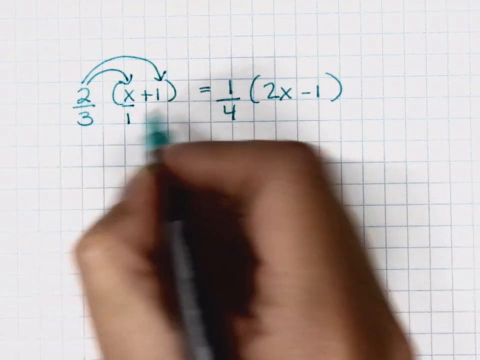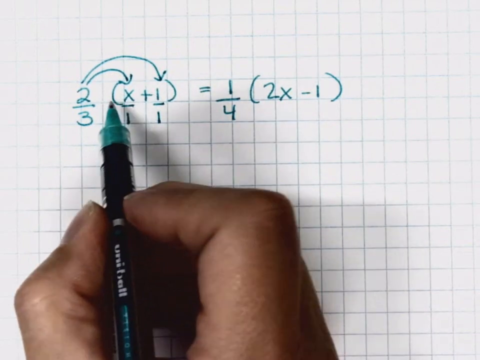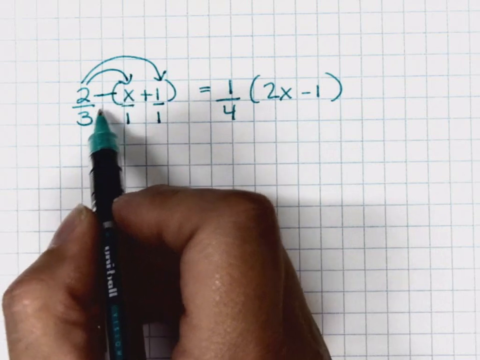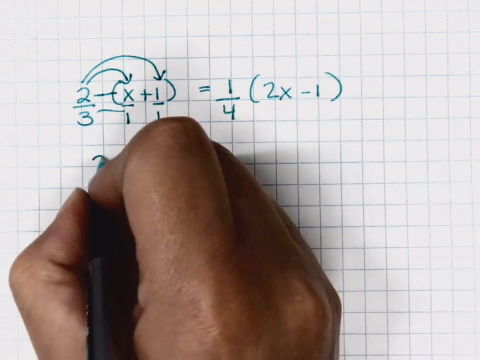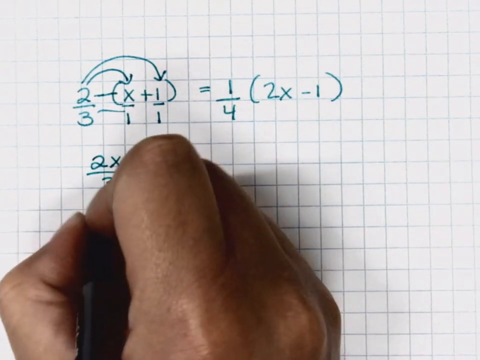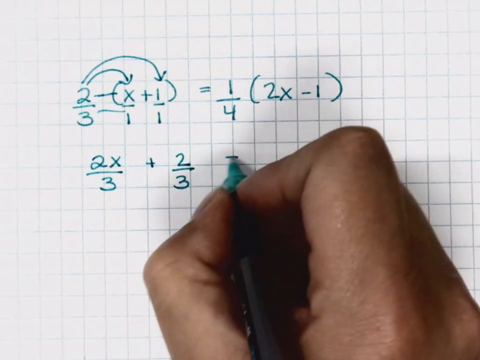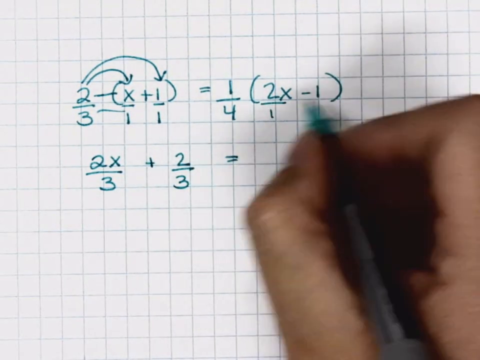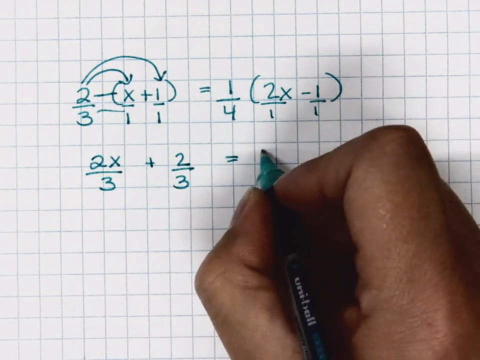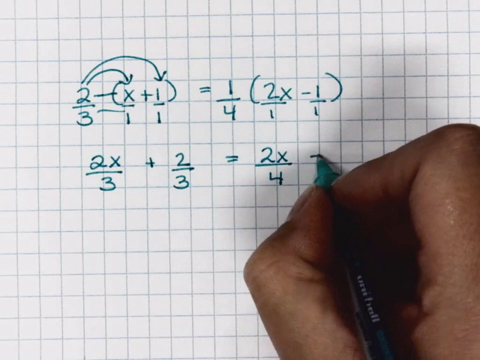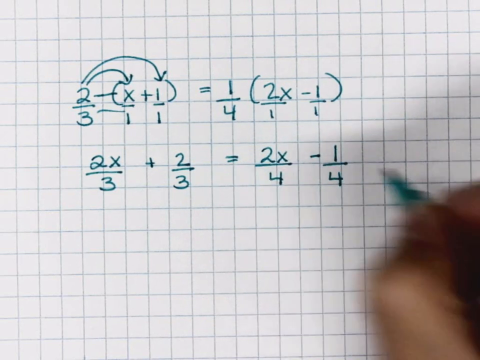So this is like saying they have denominators of 1. So when we multiply fractions, it's straight across the top, straight across the bottom. So this would be 2x over 3 plus 2 over 3. And these would have denominators of 1, so this would be 2x over 4 minus 1 over 4.